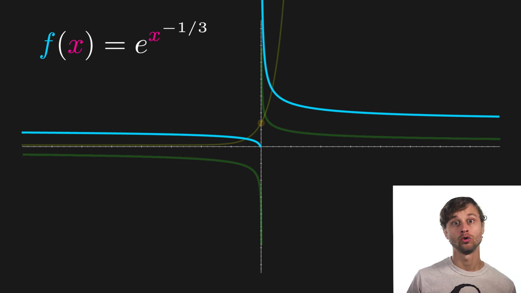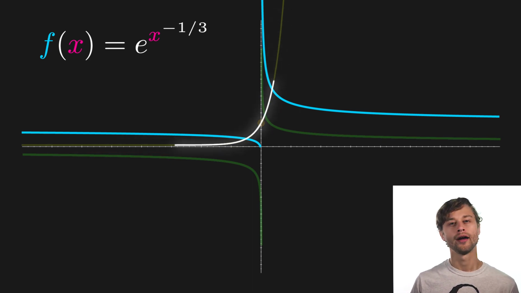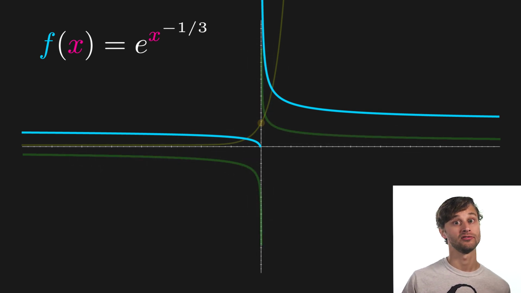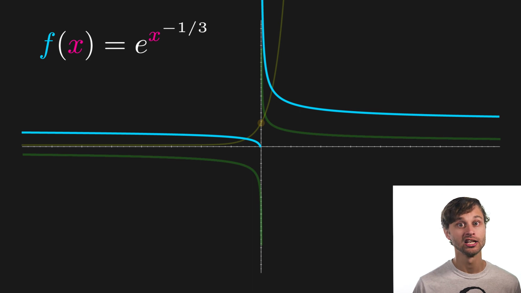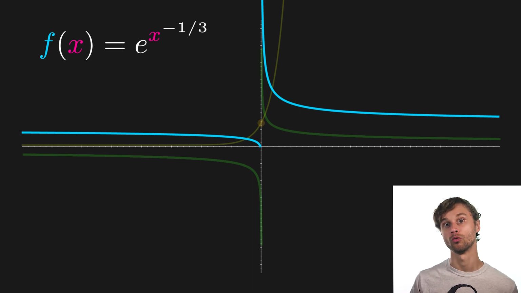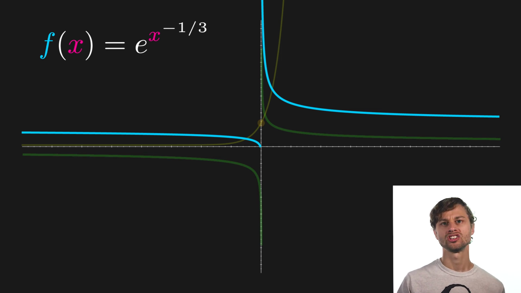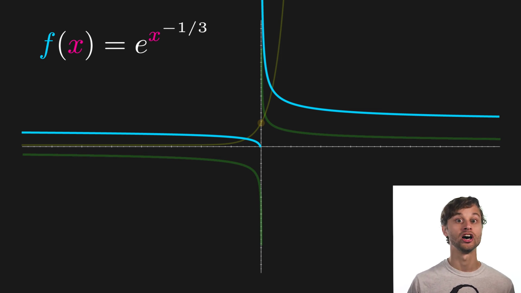The exponential function wants to go to 1, whereas the power function wants to go to either positive infinity or negative infinity, depending on whether we're approaching from the left or the right. So we get this kind of strange behavior here. Again, we can use some calculus to determine what these left-hand and right-hand limits would be. But for now, we can just say that the whole function is undefined at x is equal to 0.